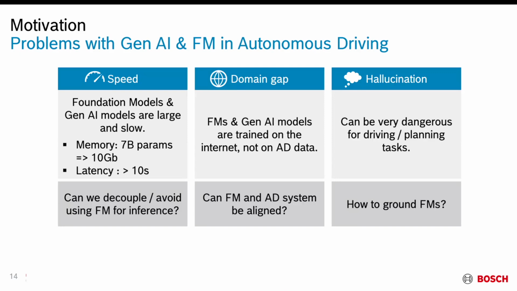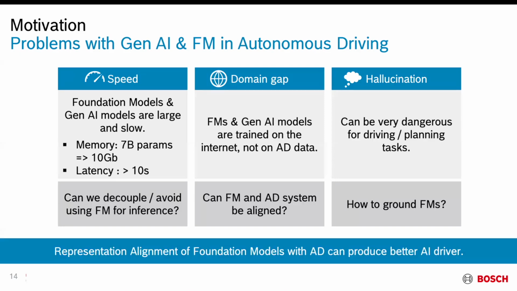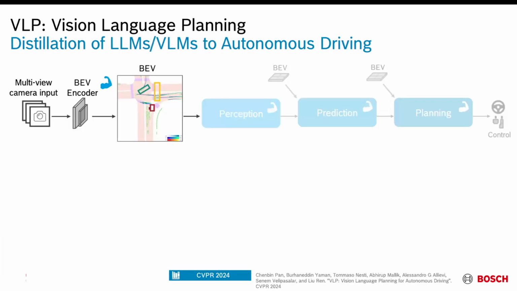So the question is, how can we ground those models? To address those problems, we have been working on representation alignment of foundation models so that we can efficiently integrate them into an existing end-to-end autonomous driving stack without causing additional lengthy inference time. So let's start with our first work, known as vision language planning.